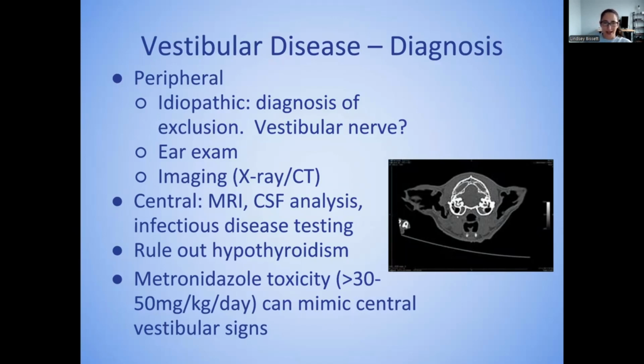Of course, you can't say that with 100% certainty without more advanced imaging. But most of the time, since idiopathic is self-resolving and doesn't worsen with time, we get backed into it being a diagnosis of exclusion and just giving it a little bit of time, as long as the patient is not getting any worse.